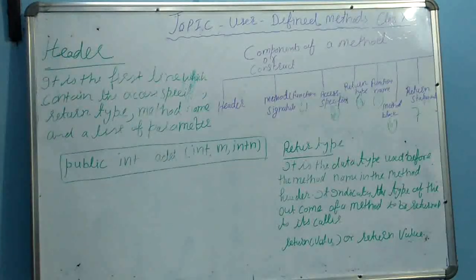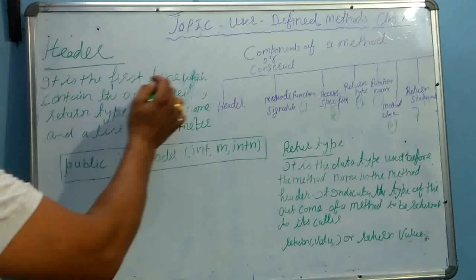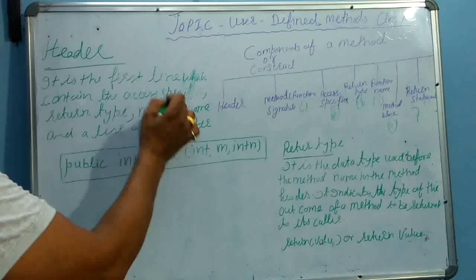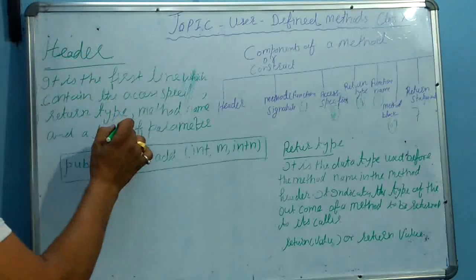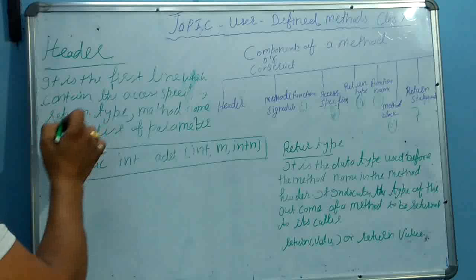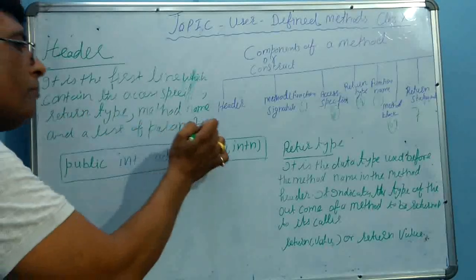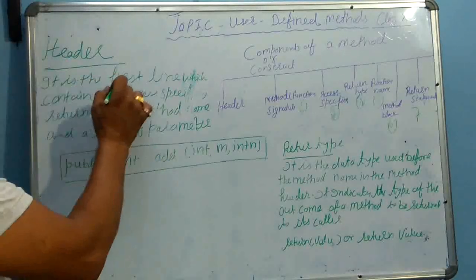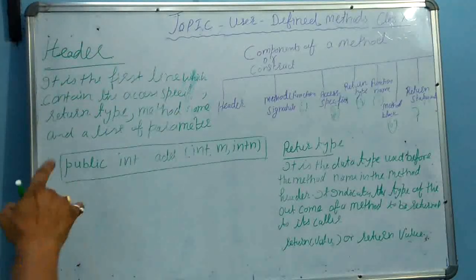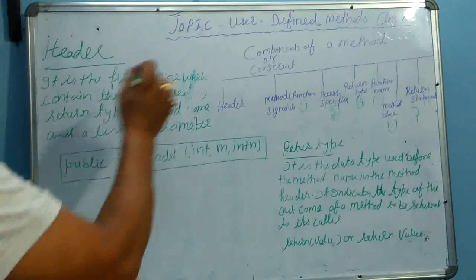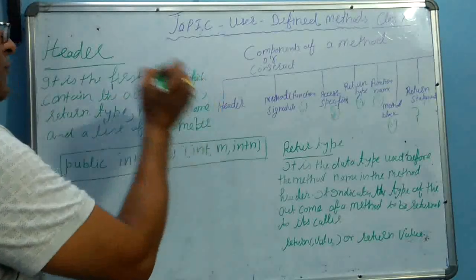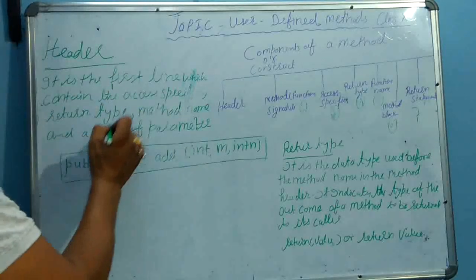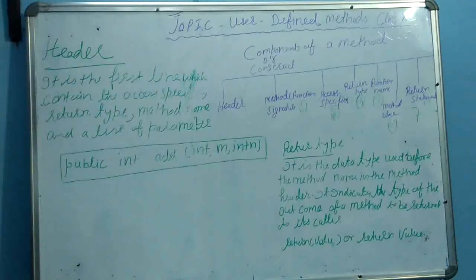What is the header? It is the first line which contains the access specifier, return type, method name, and a list of parameters. One more time, it is the first line which contains the access specifier, return type, method name, and a list of parameters.